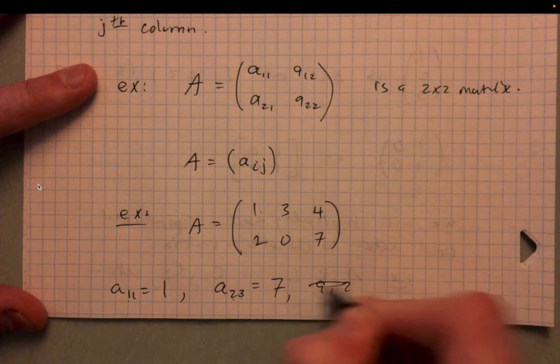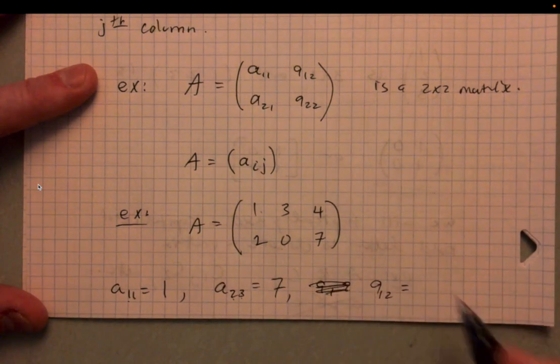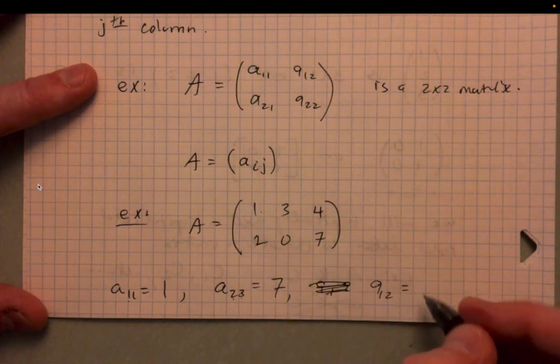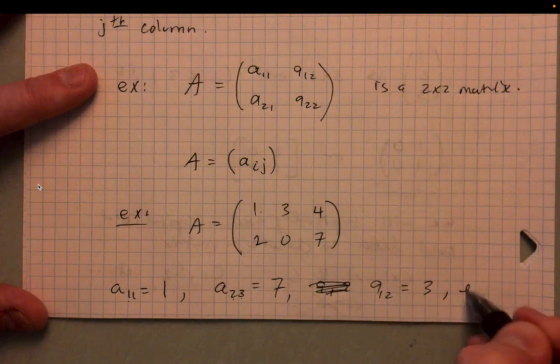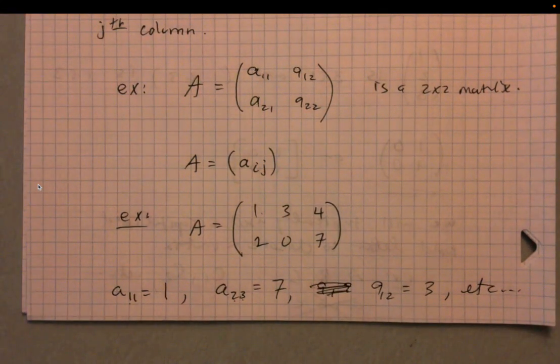A12 would be the first row, second column, so that would be equal to 3, etc. Just make sure that this notation is clear so you can follow what we mean when we say entry Aij being specific values, not just arbitrary values.